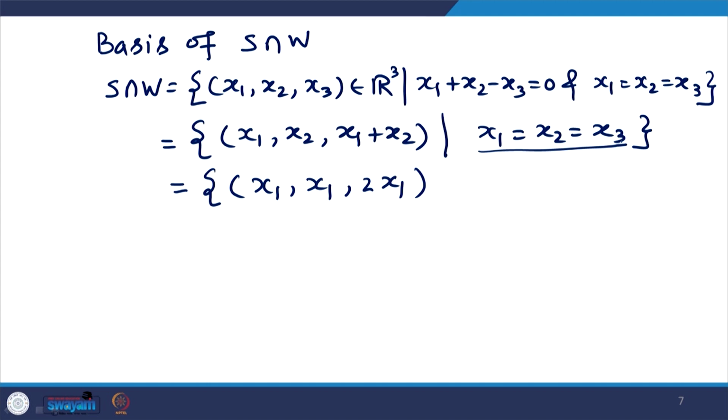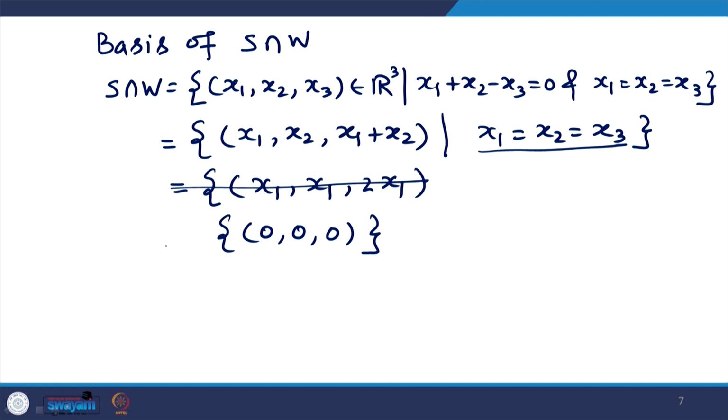So, in this case the only possibility is that it should have the 0 vector, because we need x1, x2 and x1 plus x2 all 3 to be equal. It will be only when x1 is 0, x2 is 0, so that x1 plus x2 also becomes 0.